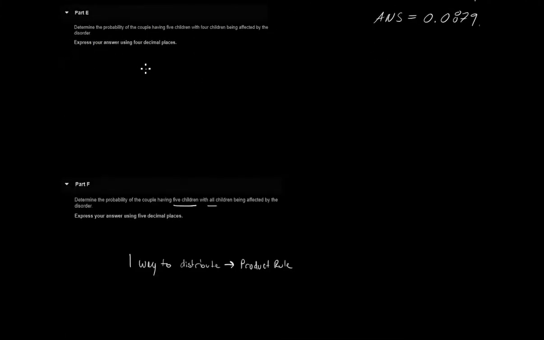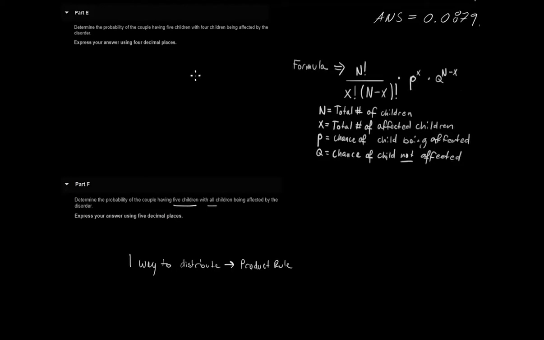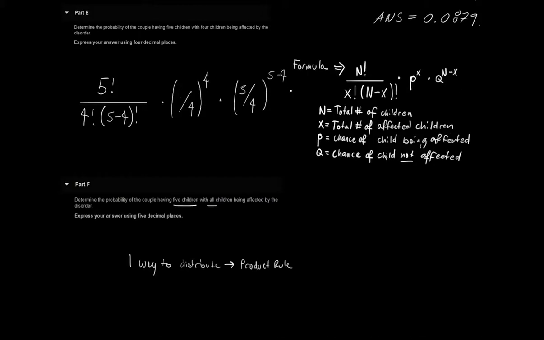Going down to part E here, asking us to determine the probability of the couple having 5 children, with 4 children being affected by the disorder. We're going to be using the binomial probability to swiftly find out our answer. Raising it to 5 minus 4, or equal to 1. I'm just doing the simplification here just to speed things up, and I can do that over here as well.